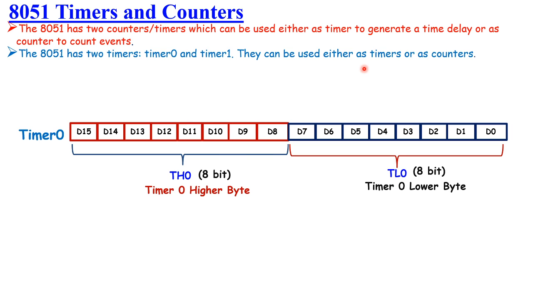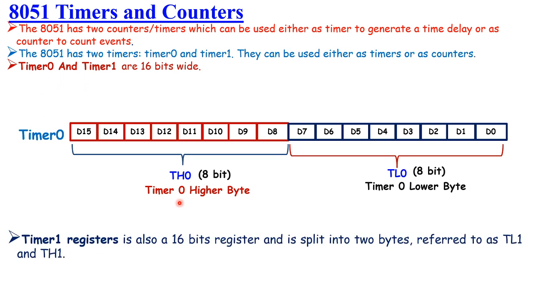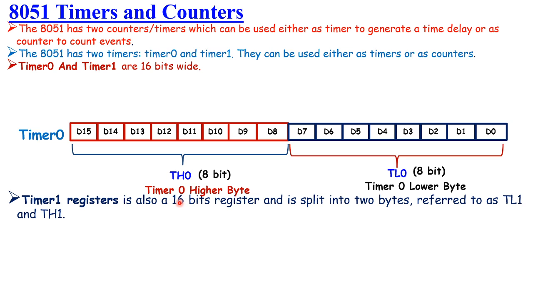Timer 0 is 16-bit and it is split like this: D0 to D7 is the lower byte of timer 0, 8-bit, and D8 to D15, that is TH0, is the higher byte of timer 0, 8-bit. So timer 0 and timer 1 are 16-bit wide.